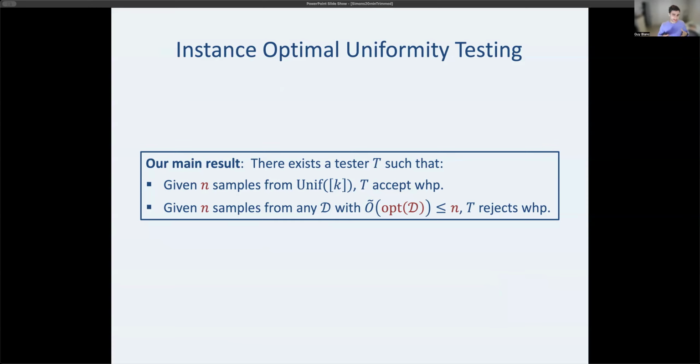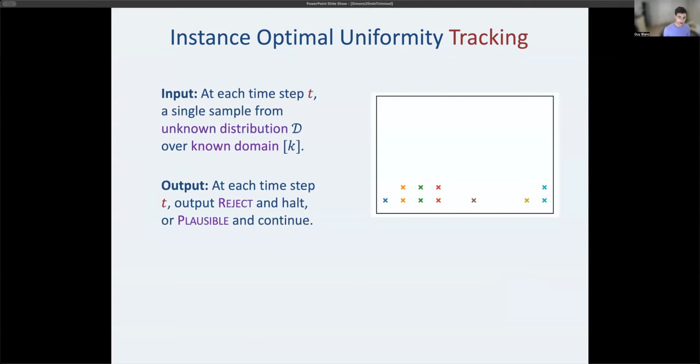I'm now going to give our second main result, which is essentially the same thing, just cast in a slightly different way. That's going to be in a more online perspective, which we'll call uniformity tracking. In this version, at each time step, we receive a single sample, and the algorithm at each step gets to make a choice. It either outputs reject, if at this point it's convinced via the samples it's seen so far that we're not receiving uniform samples, or it outputs plausible, in which case it says, what I've seen so far looks pretty uniform, let's continue going.